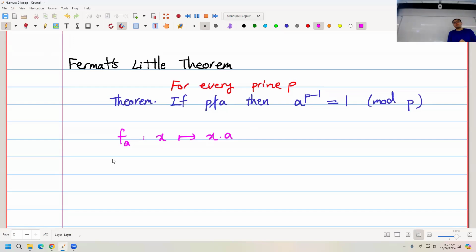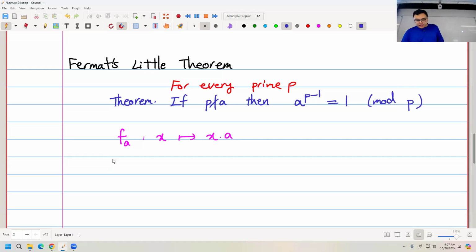First of all, is this function a permutation? So is it 1-to-1 and onto? Is it a 1-to-1 correspondence? Yes. Okay. Why is it a 1-to-1 correspondence? Because basically A is relatively prime to P. And P is a prime number, so anything that is not 0 modulo P is relatively prime to P. Okay.